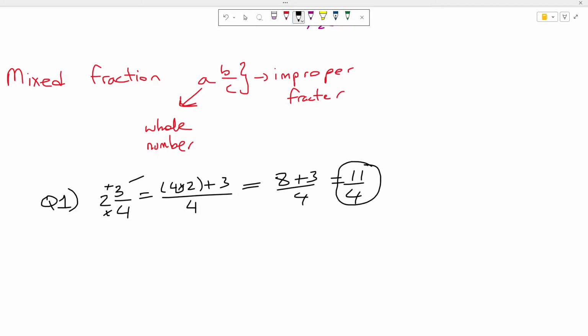So from the mixed fraction, we have converted to an improper fraction.